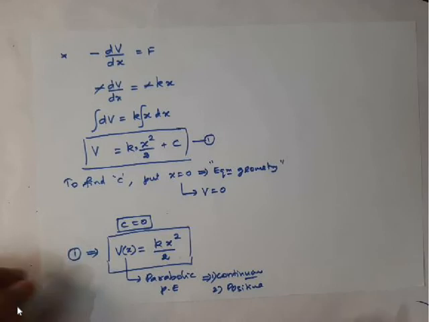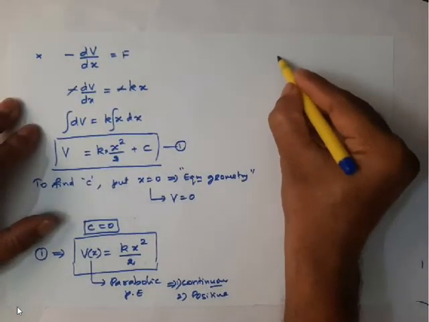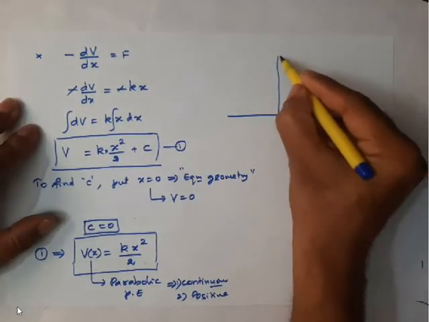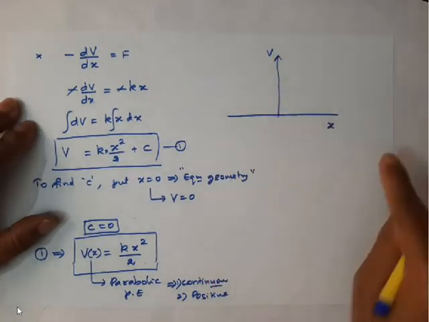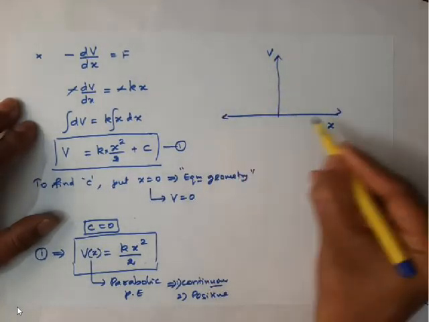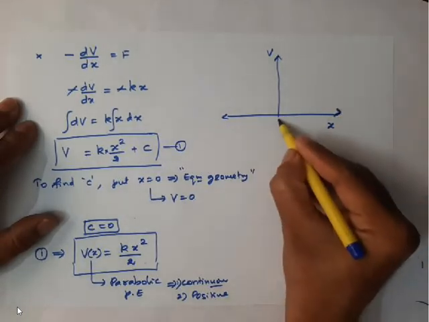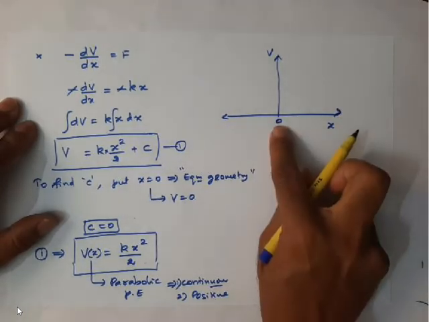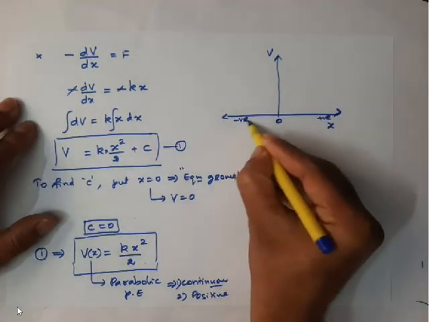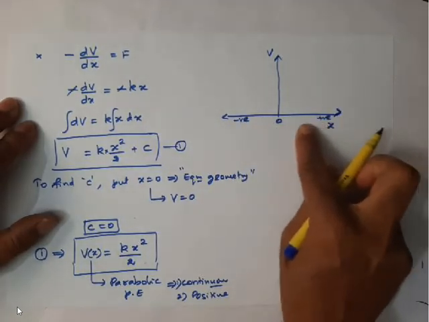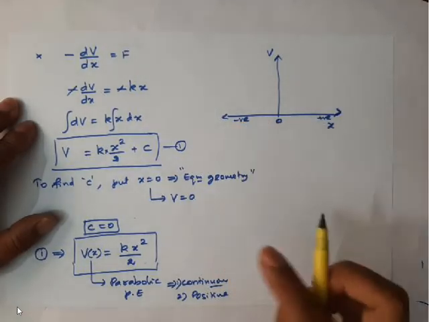If I plot potential energy on the y-axis and x on the x-axis, here x is equal to 0. x equal to 0 means equilibrium geometry, and this side x is positive and this side x is negative. Positive means elongation and negative means compression.